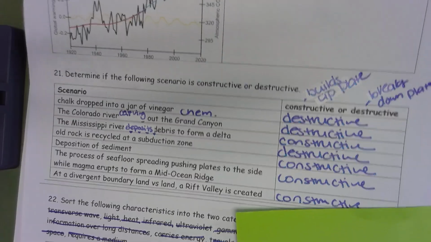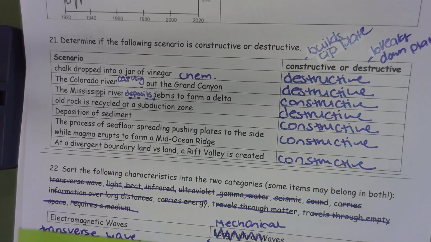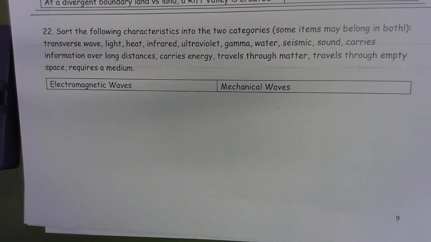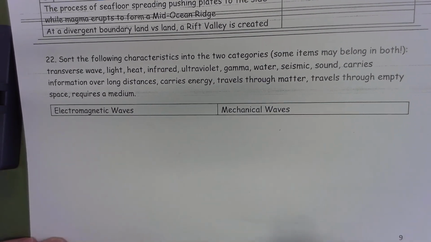Next, we're going to sort the following characteristics into two categories, some belonging in both. We're going to have electromagnetic waves and mechanical waves. Oh no, I have to go teach. Okay, so we're going to sort the following terms into each of these categories. Some items may belong in both.